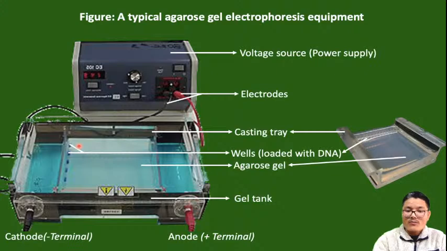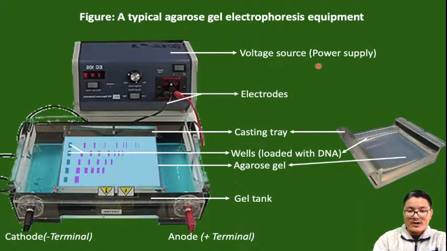We also have a comb used in the genetic engineering lab for gel electrophoresis, and that comb makes tiny pores called wells, into which we are going to load the DNA.